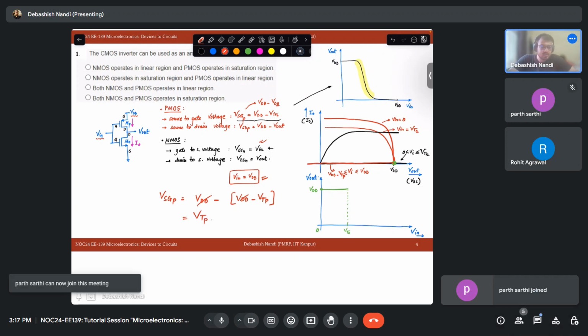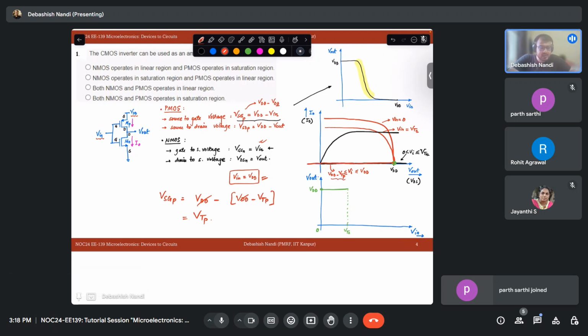So as soon as it is less than this value, my PMOS starts to conduct. But till then, PMOS output characteristics will be fixed at this value. However, my NMOS will start to decrease. Why? Because now my VGS is not VDD. It is VDD minus some lower value, VTP.